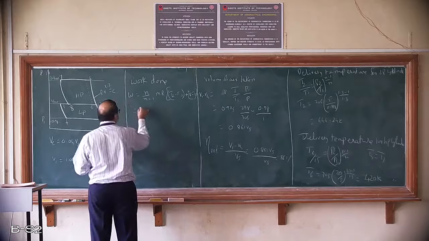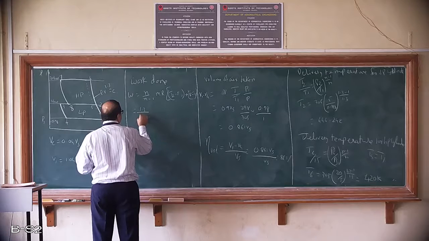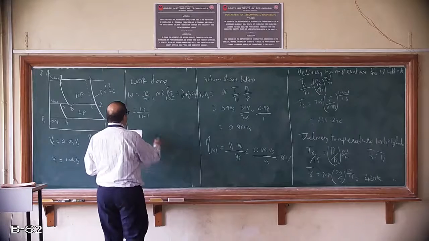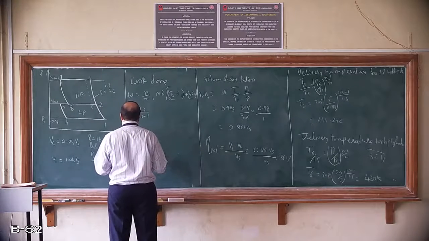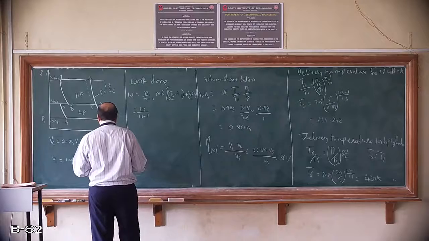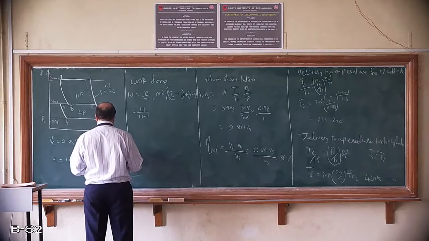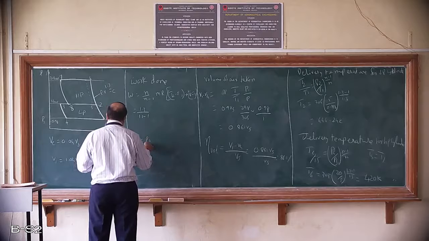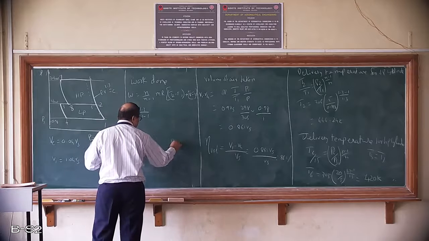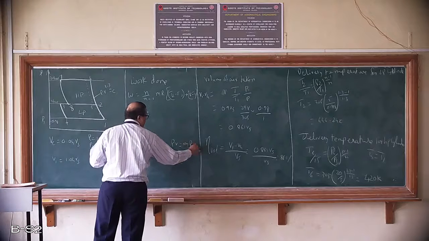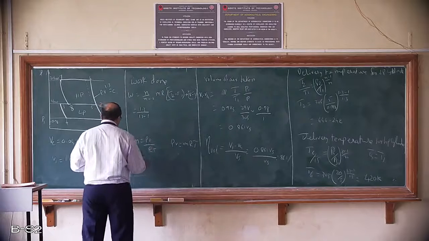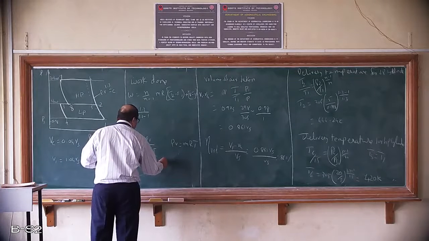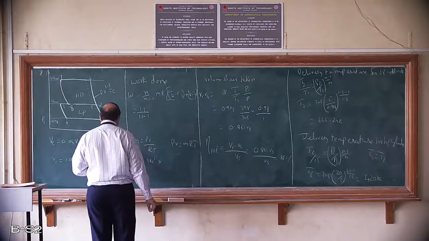So this will be 1.3 by 1.3 minus 1. We need to calculate m here, so before we start that, we'll just calculate m. How do you calculate m? m dot is equal to PV by RT. How do I get this? PV is equal to mRT. So we know this as 1 into 10 to the power of 5 into V.